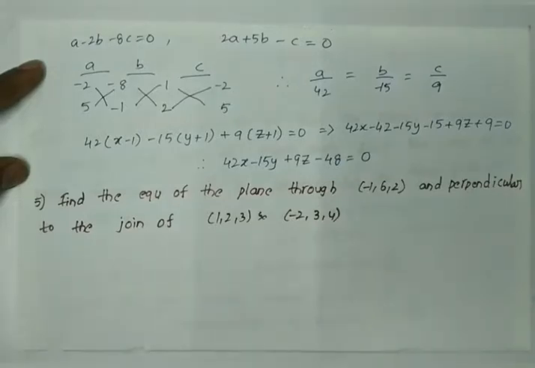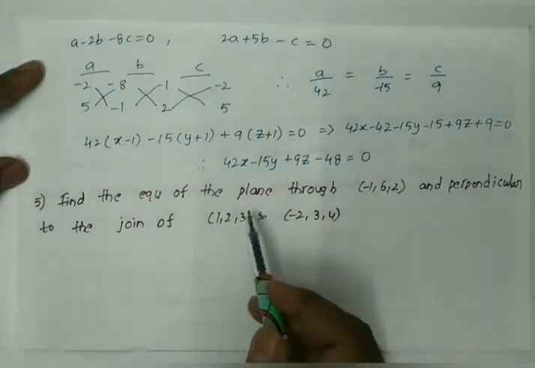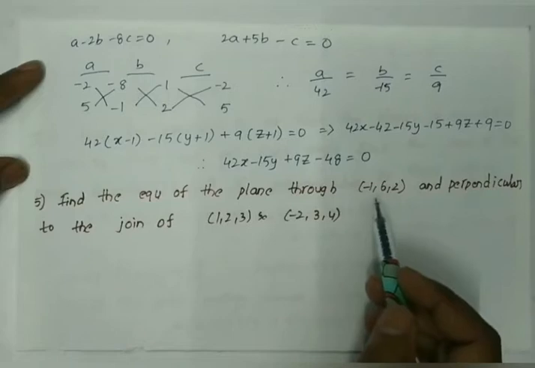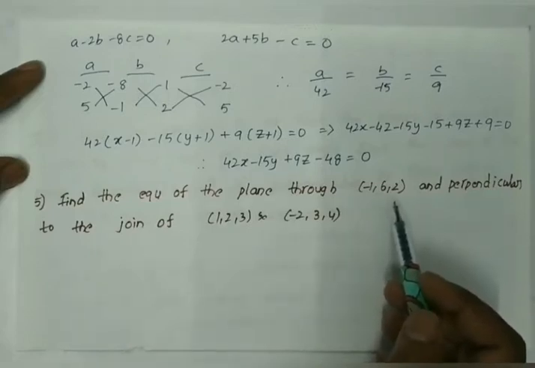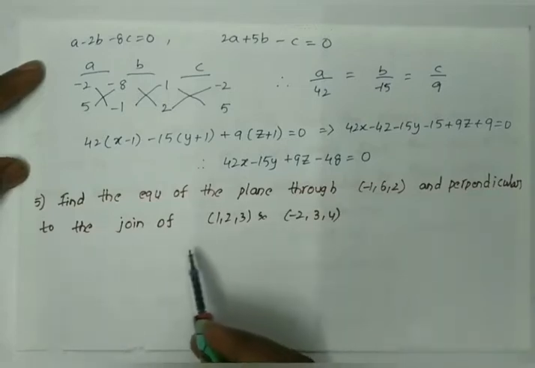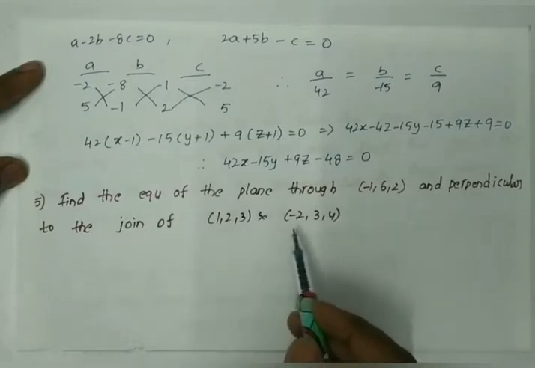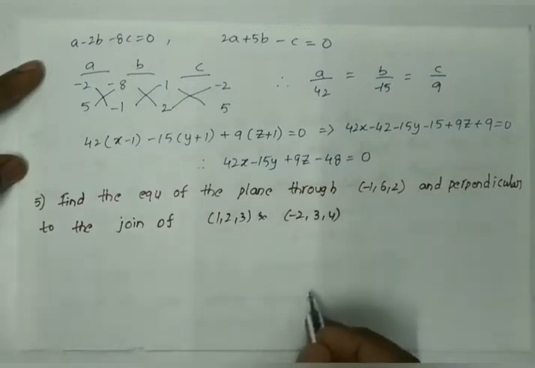In this problem, we want to find the equation of a plane which is passing through the point -1, 6, 2 and which is also perpendicular to the line joining of 1, 2, 3 and -2, 3, 4.